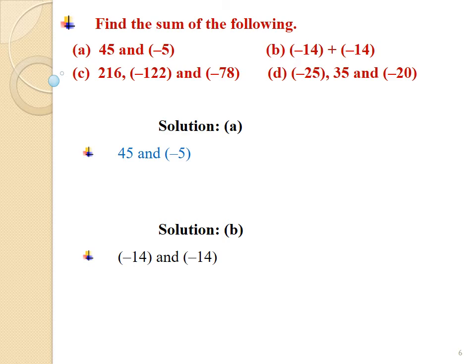So, we have to subtract the smaller number from the bigger number as whole numbers by ignoring the sign. Thus, subtracting 5 from 45, we get 40. Students, we get the answer in positive, as we know that positive integer 45 is greater than negative integer -5.